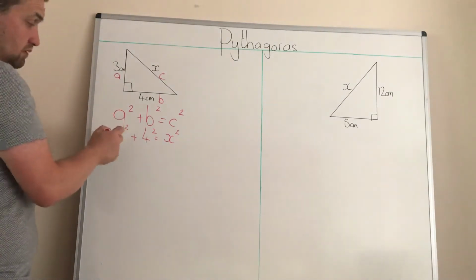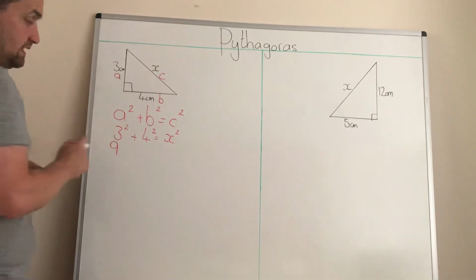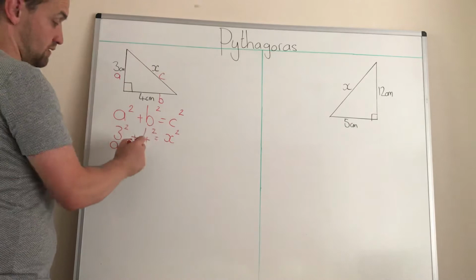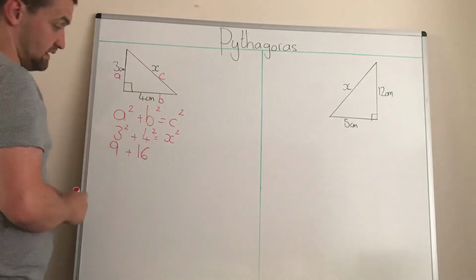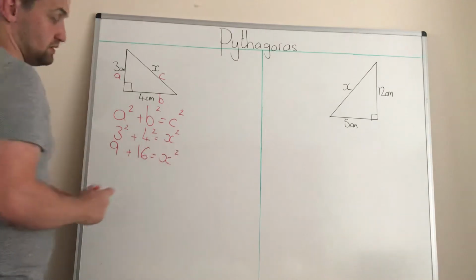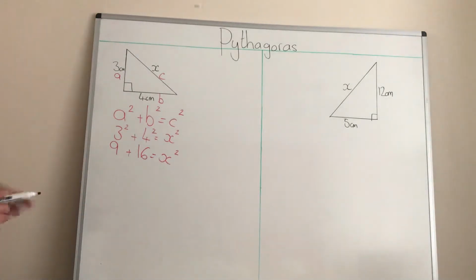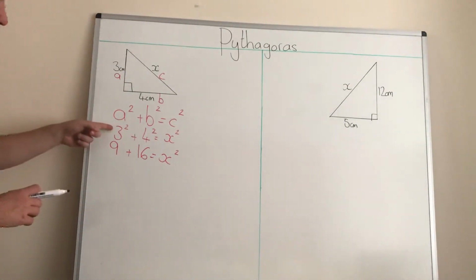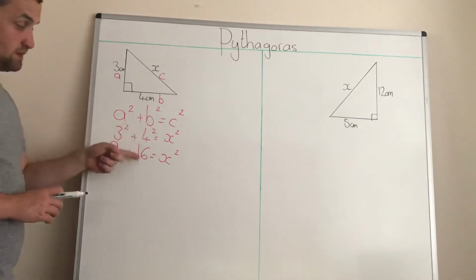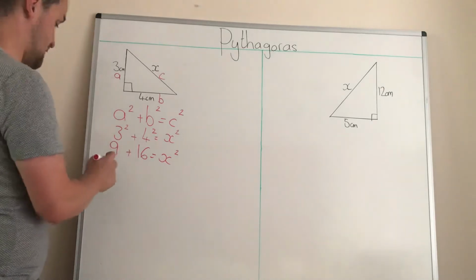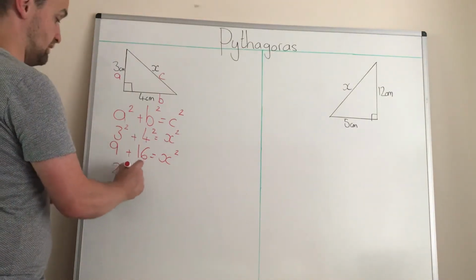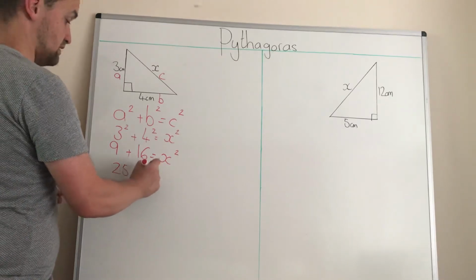So 3 squared is 9 plus 4 squared is 16, and we know that equals X squared. Okay, so what I've done, simplify this effectively, 3 squared, 3 times 3 is 9, 4 squared, 4 times 4 is 16. I'm going to add these together then, so I get 9 plus 16 is 25, which equals X squared.